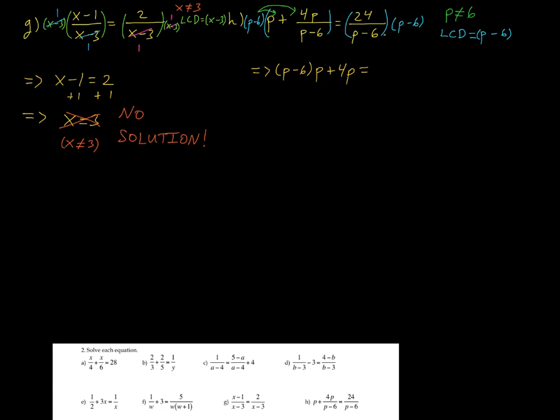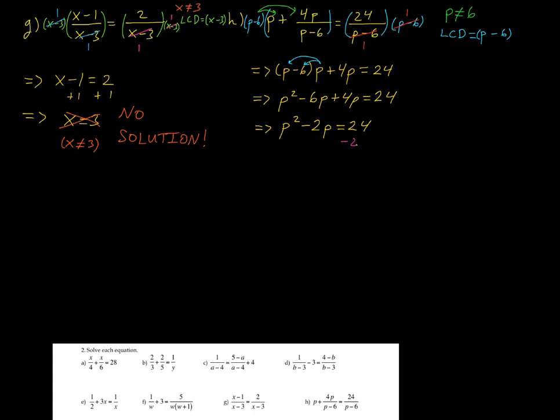Over on the right, this p minus 6 here and here drop out, and I'm left with 24 on the right. Great. So now let's go ahead and open parentheses here by distributing this p. And that's going to give us p squared minus 6p plus 4p is equal to 24. I can go ahead and combine like terms on the left, and that's going to give us a p squared minus 2p, and then I have my 24 over on the right still.